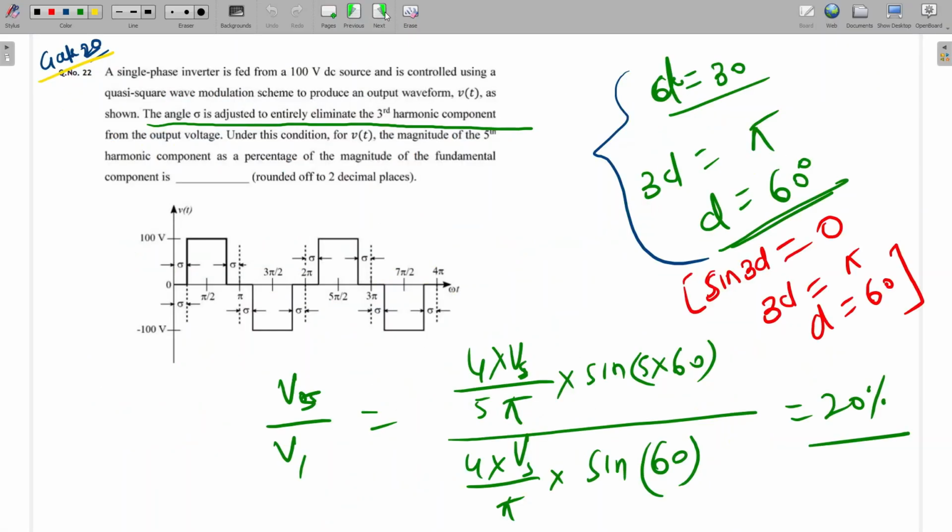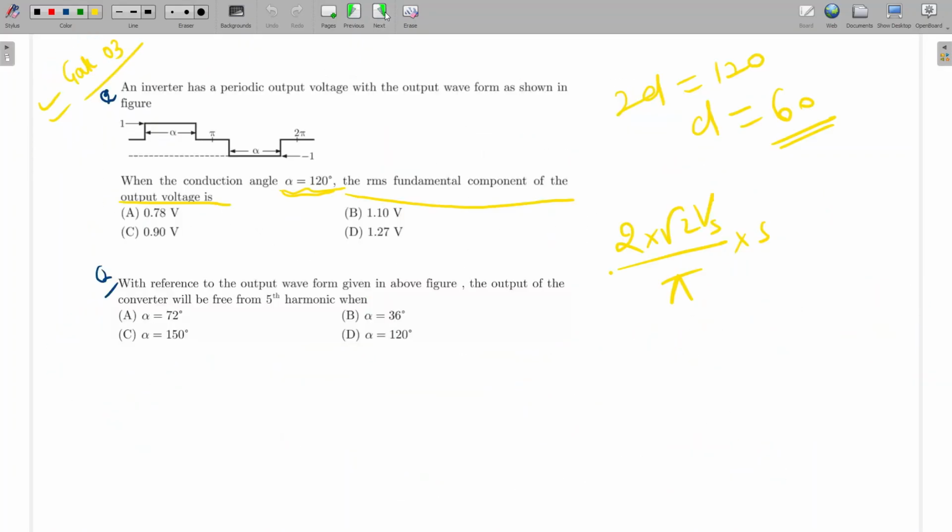Actually, maybe some internet issue was there. It was disconnected. One second. So, is it visible now? Visible, sir.